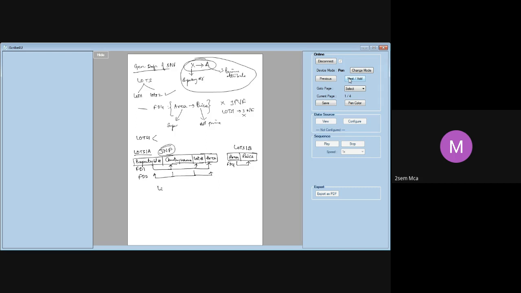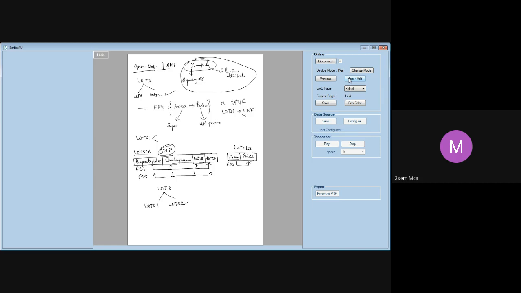So, what we did, we started with the lots. Then we decomposed lots into lots 1 and lots 2 because FD3 was violating the second normal form in lots. Now both these are in second normal form, but lots 2 continued to satisfy even the general definition of third normal form.